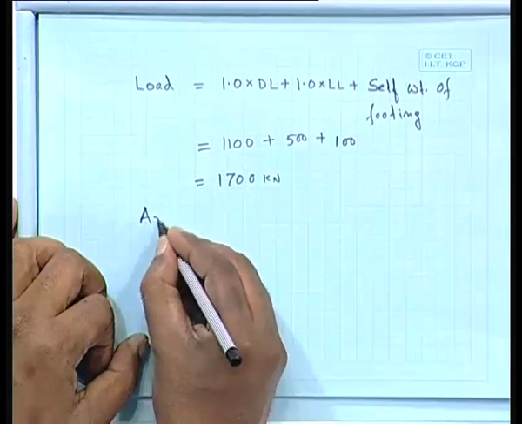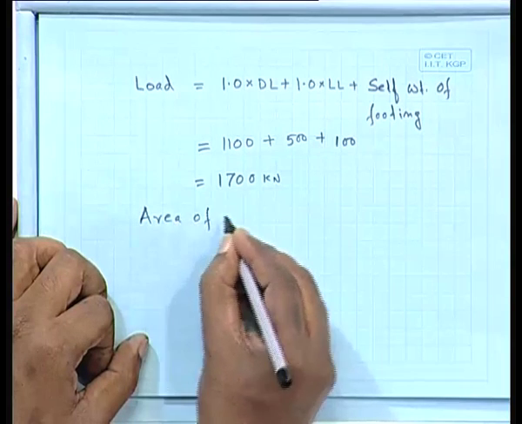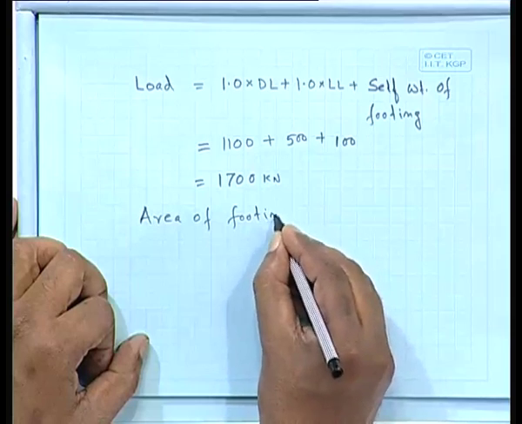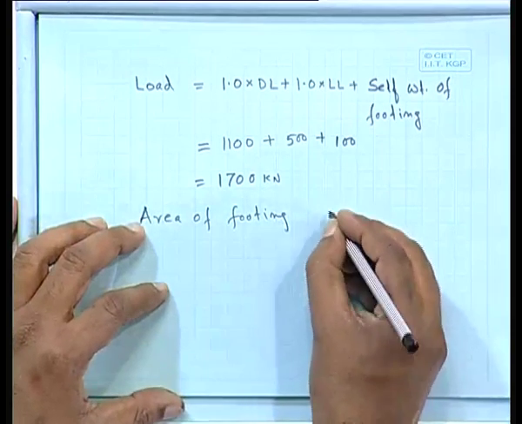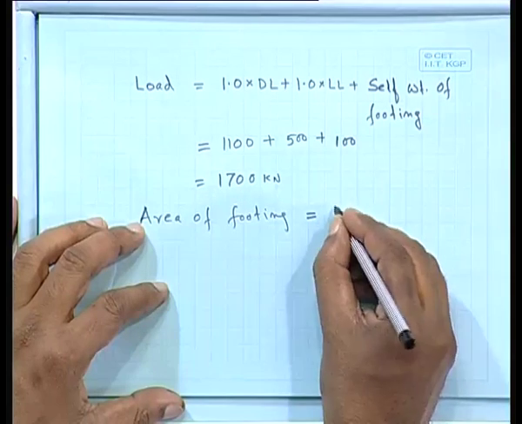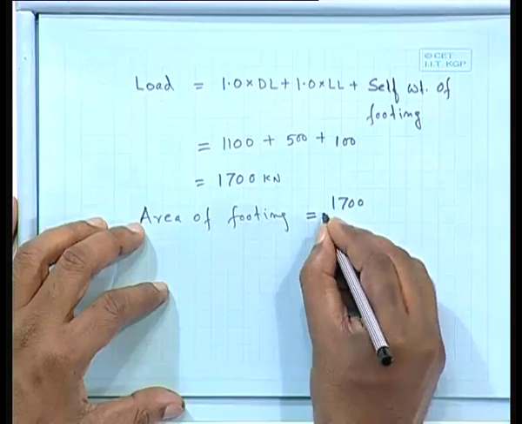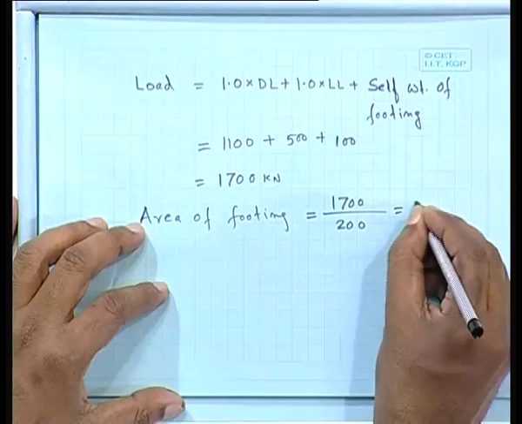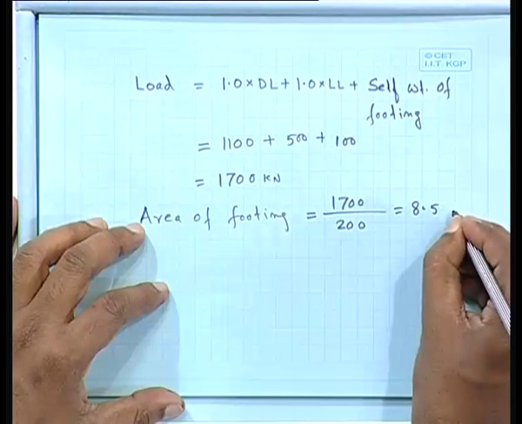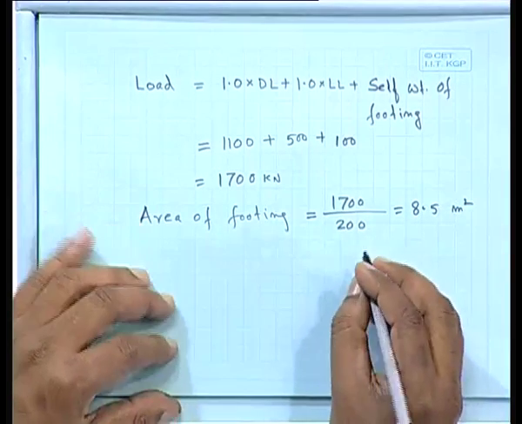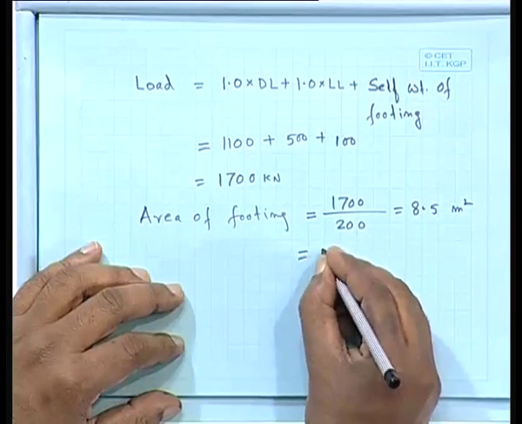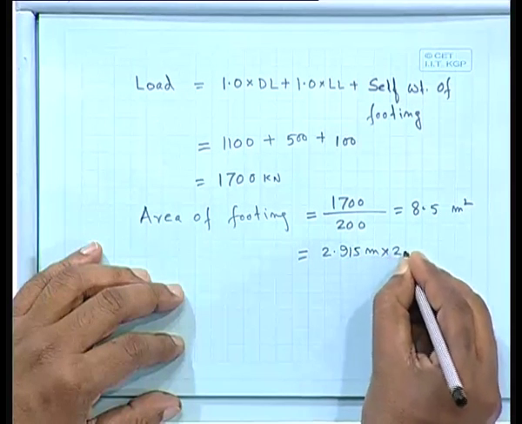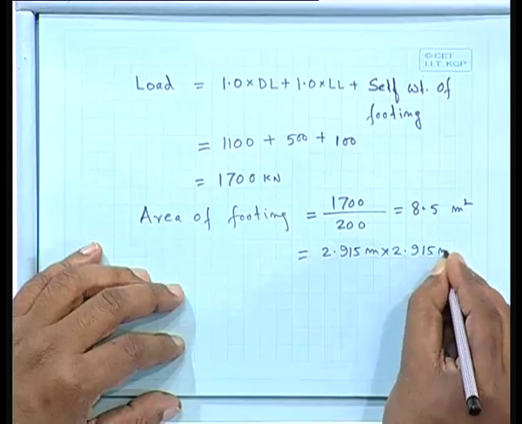Area of footing is 1700 divided by 200, which is coming as 8.5 square meter, equal to 2.915 meter into 2.915 meter.